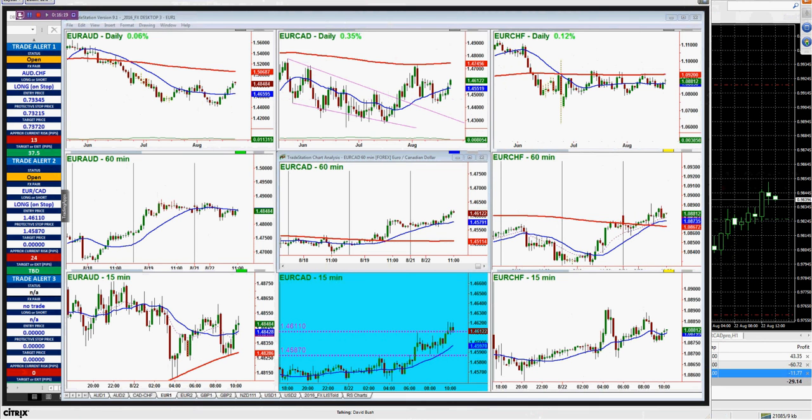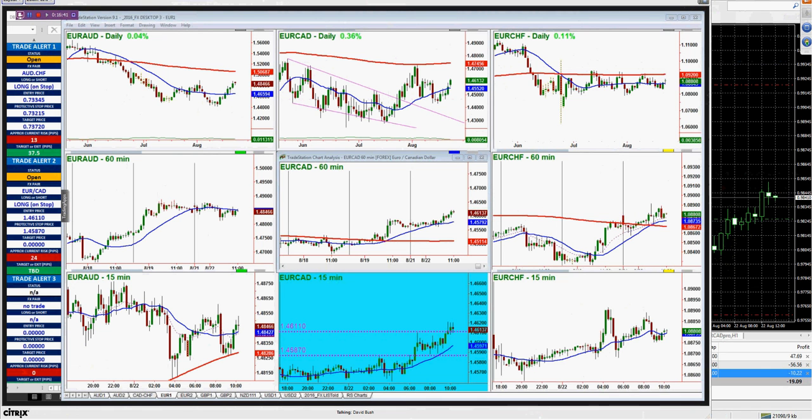However, not much movement since about 6:15, 6:30, apart from the Kiwi improving generally, and maybe something else I'm missing, but pretty much the same as it's been for a few hours.